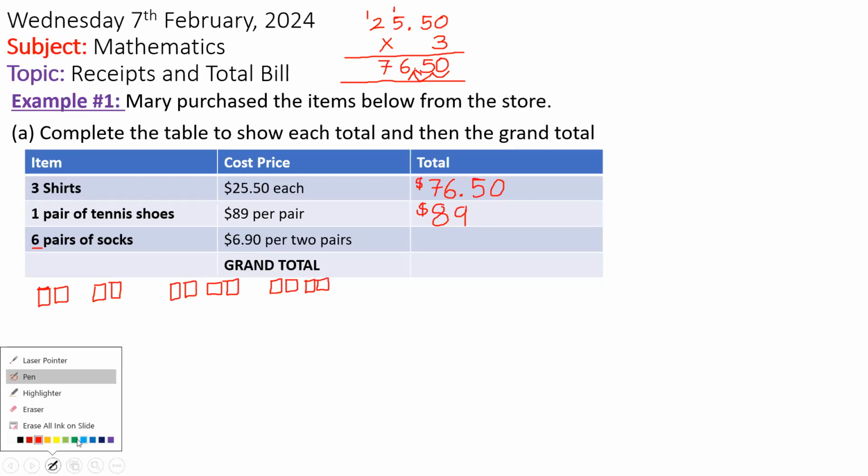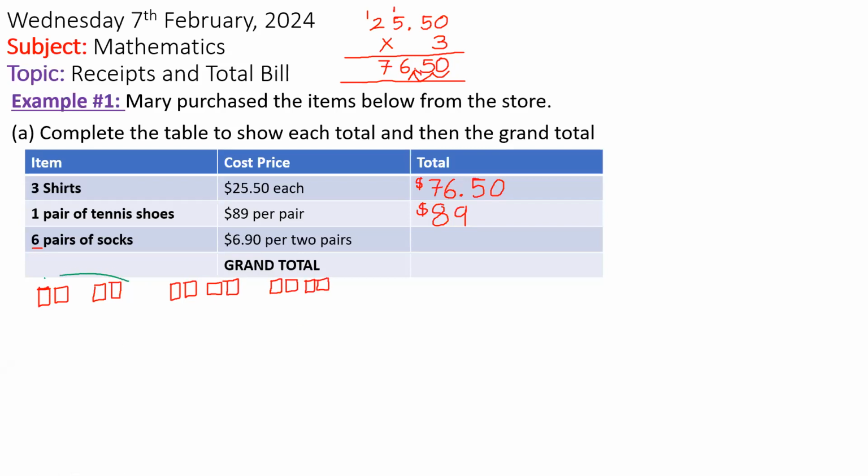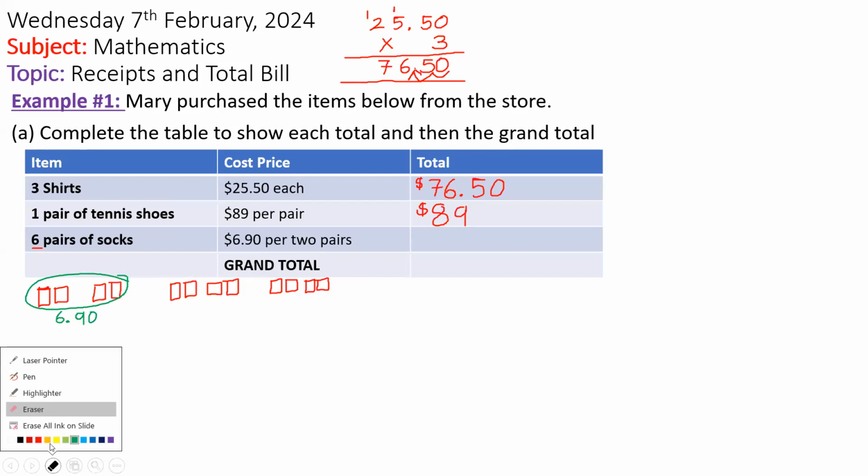So let's combine them. For these two, how much is it? $6.90. Very good. And then for these ones, how much? $6.90.